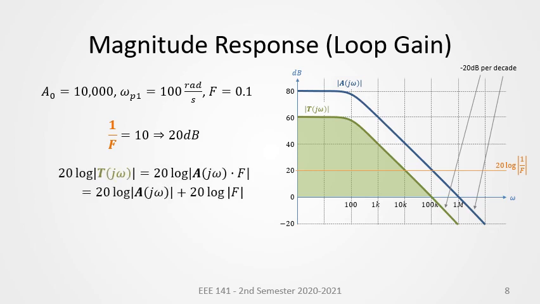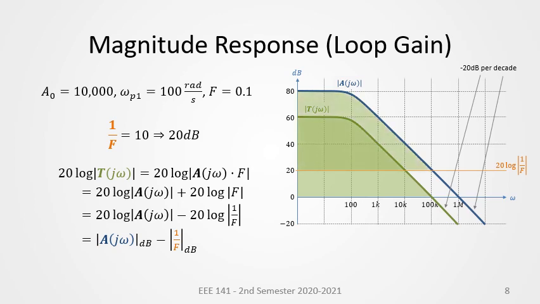Looking at the equation for the loop gain in dB, T of j omega is simply A of j omega times F. With the properties of logarithms, the function can be separated into 20 times log of the magnitude of A of j omega plus 20 times log of the magnitude of F. Since we already have the 1 over F plot, we can instead rewrite the equation and see that the magnitude of the loop gain in dB is just the open loop gain in dB minus 1 over F in dB.